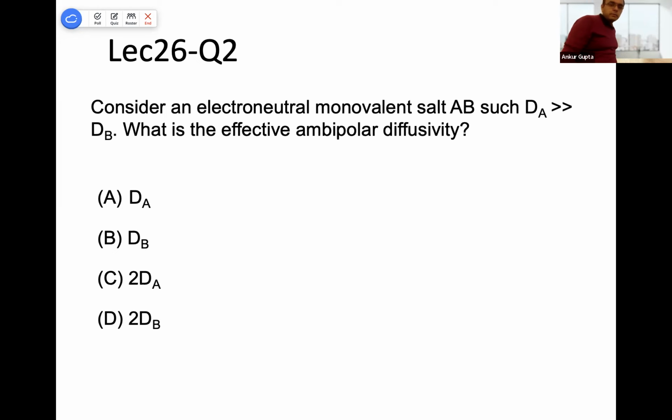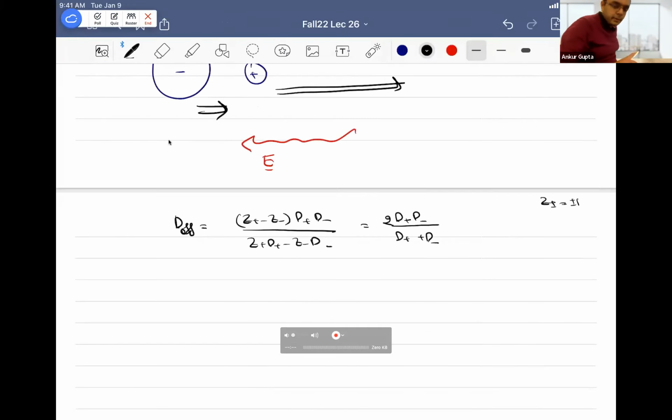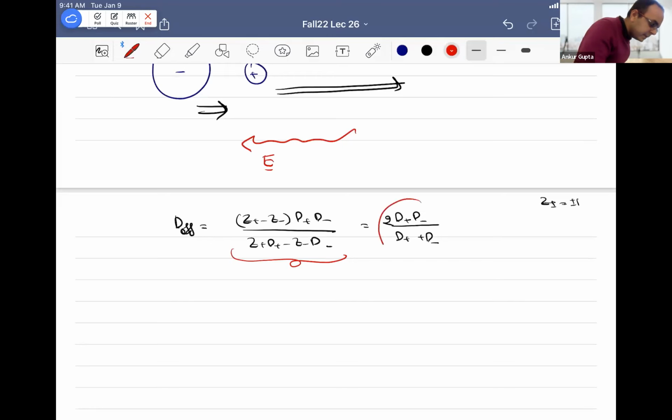Or if you want to look at it mathematically, this is D effective. I've added +1 and -1 as Z plus and Z minus. So you get 2 D plus D minus over D plus plus D minus, or 2 dA dB over dA plus dB.